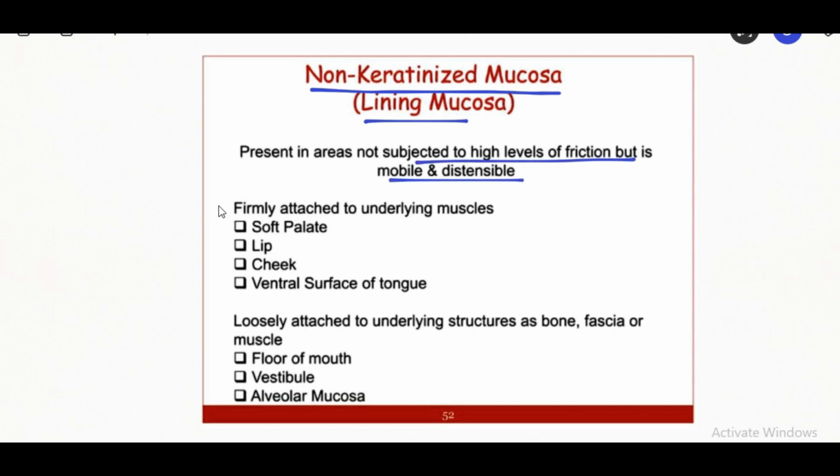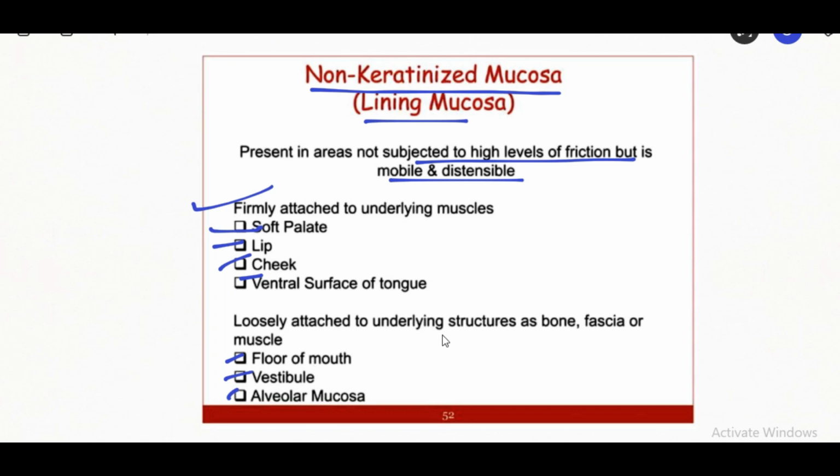It can be firmly attached to the underlying muscles, like the soft palate, lips, cheek, and ventral surface of tongue, or can be loosely attached to the underlying structures like the floor of mouth, vestibule, and the alveolar mucosa. It is thicker than the masticatory mucosa.